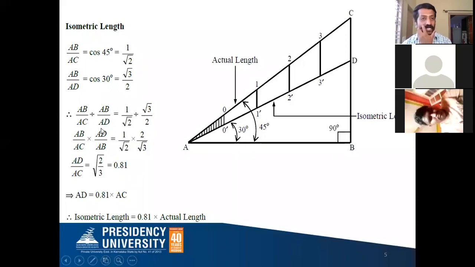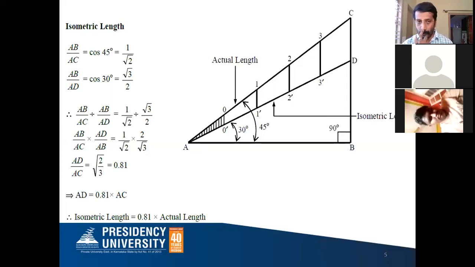That is AB by AC, the actual cos 45, divided by AB by AD, which is cos 30. If you divide, 1 by root 2 divided by root 3 by 2, simplify, and AB cancels, you get AD by AC equal to root 2 by root 3.